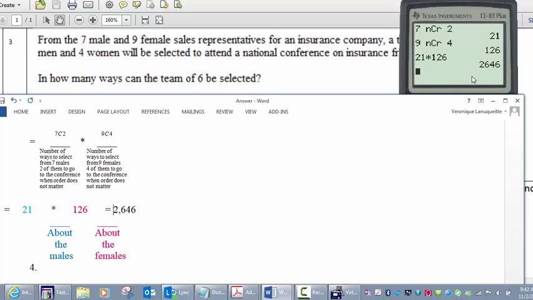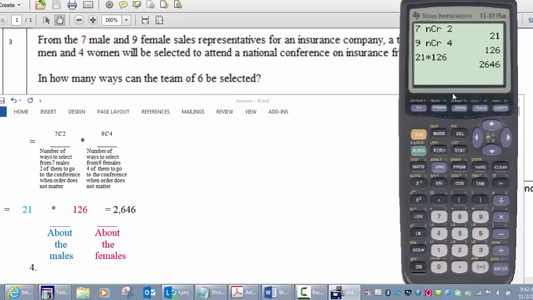So I hope this makes sense. You could have typed the whole thing all together. You could have done 7C2 times 9C4 altogether, and if you did that, you would get an answer of 2646 indeed, but you would not have the in-between steps.